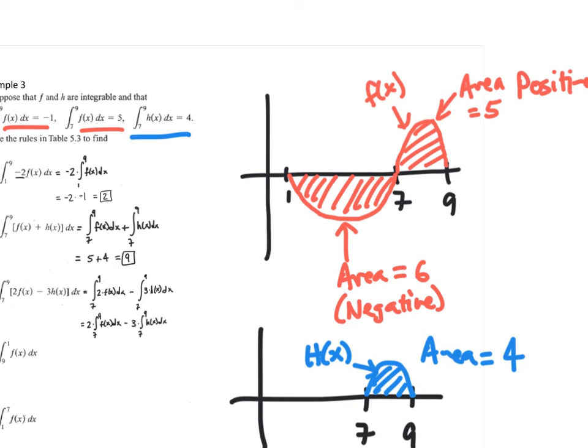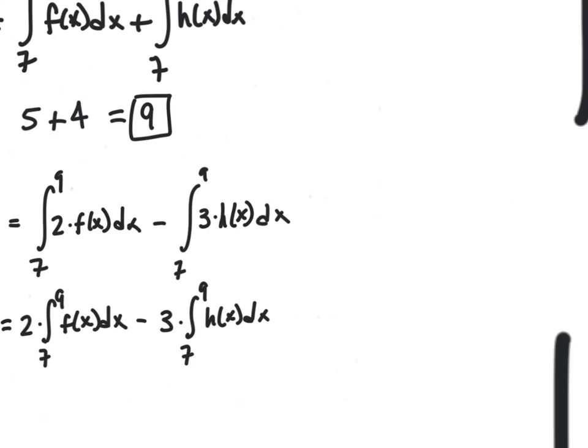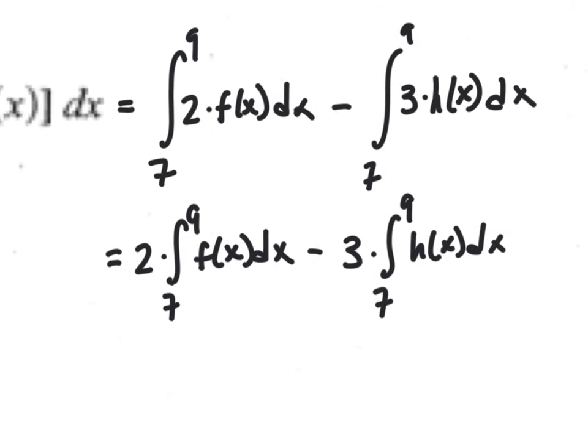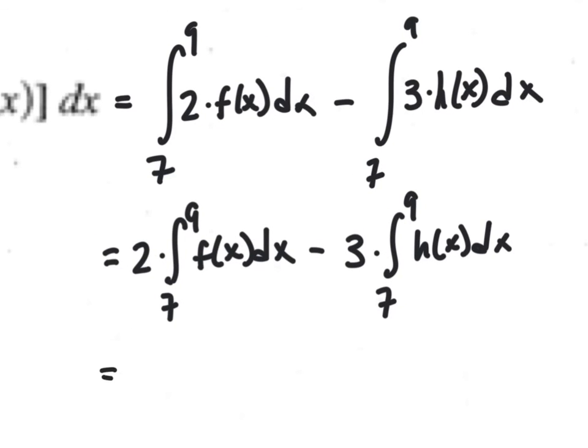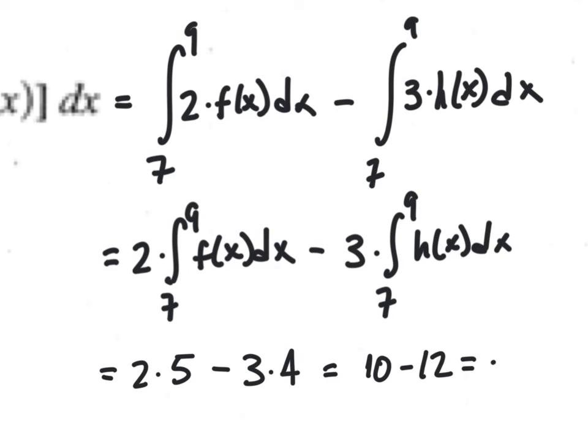Okay, and the area under h of x from 7 to 9 was 4. So I'm going to replace those with 5 and 4. And so we end up getting 2 times an area of 5 minus 3 times an area of 4. And that's going to give us 10 minus 12, which gives us a total evaluation of negative 2.